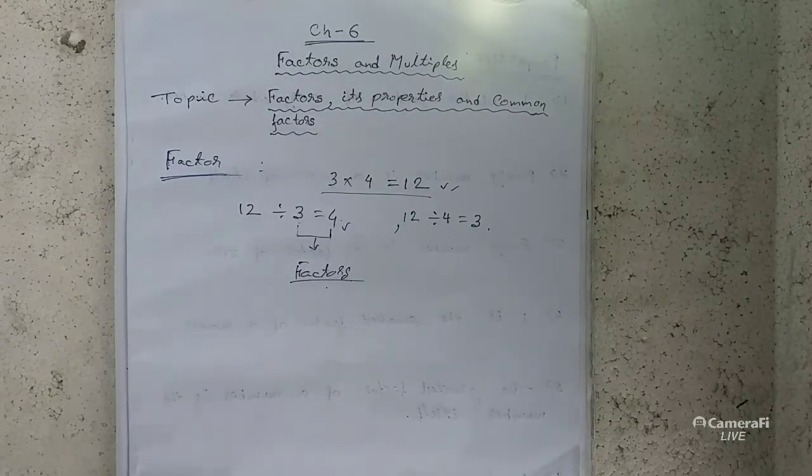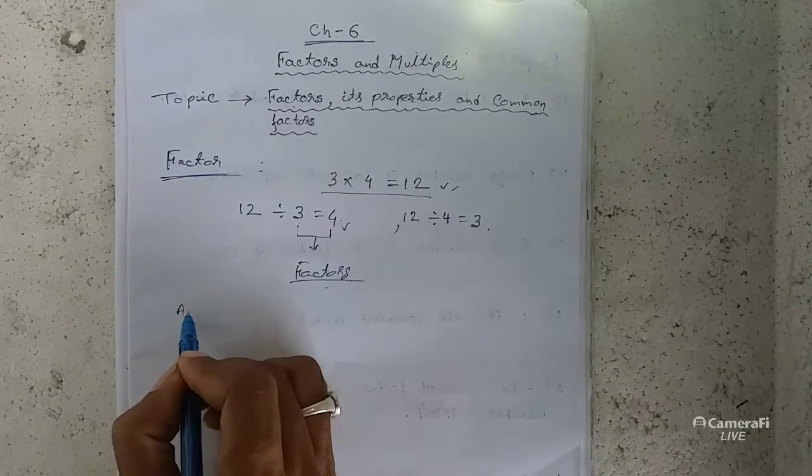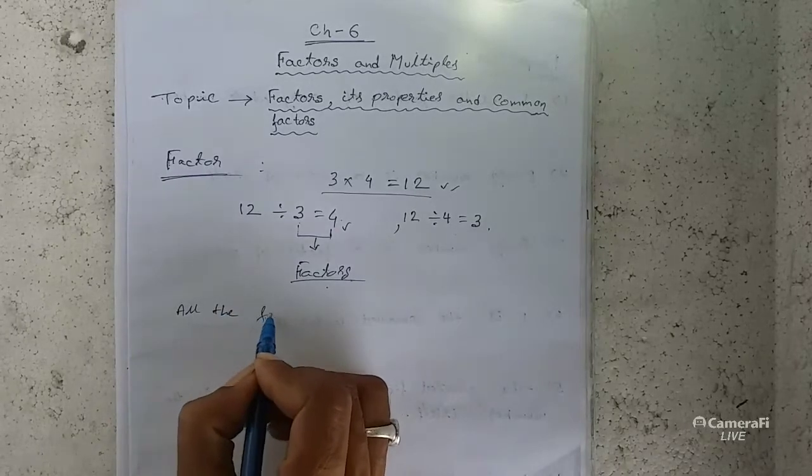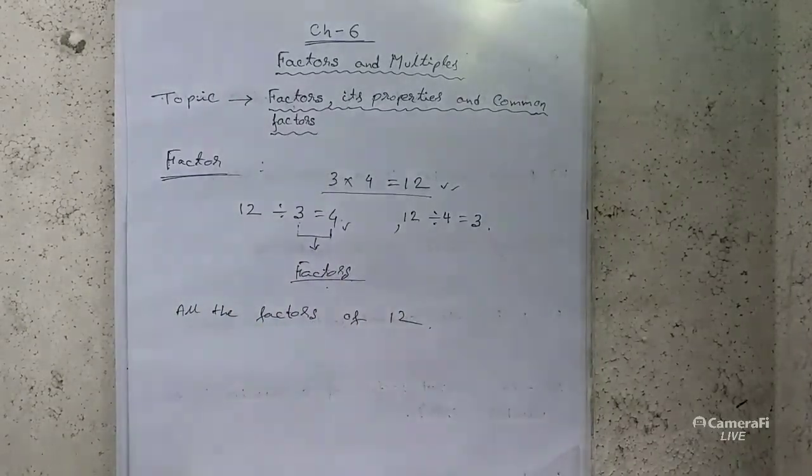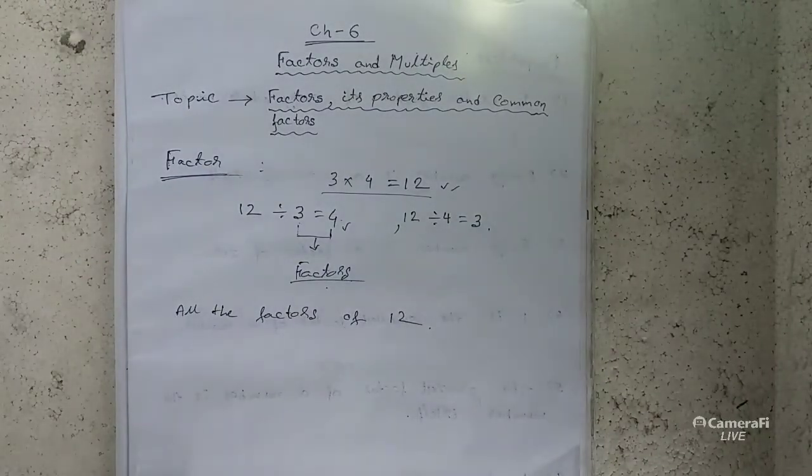Now how can we find all the factors of a number? Suppose we have to find all the factors of 12. We have to find all the numbers that can divide 12.